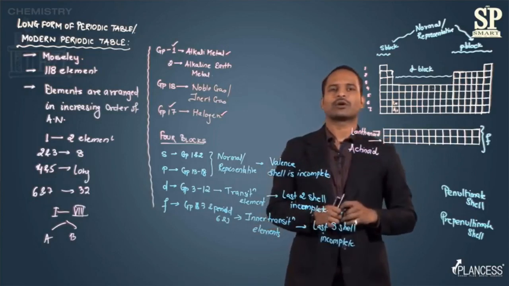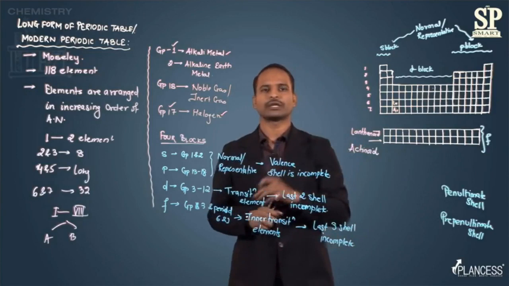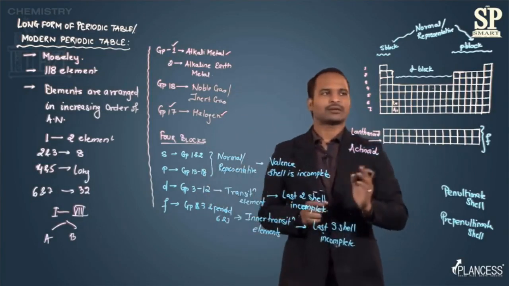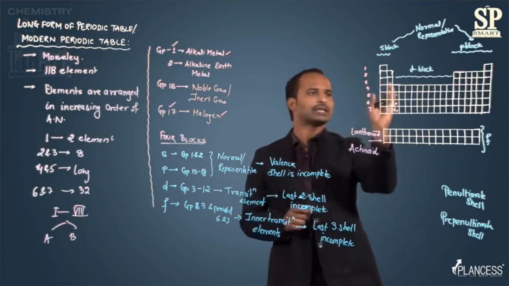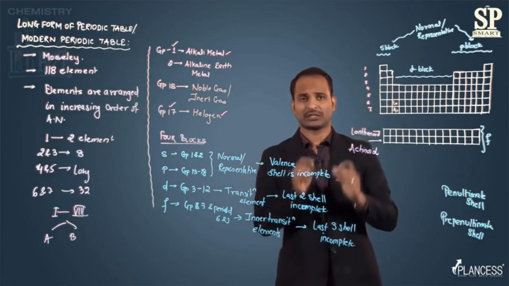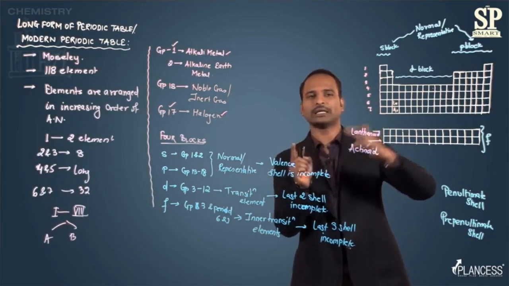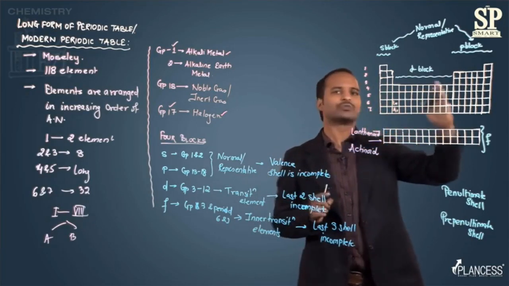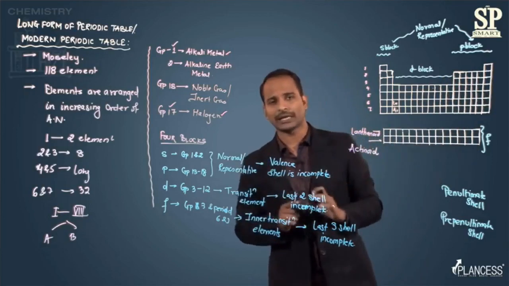D block elements are called transition elements. There is one more reason for calling them transition elements: the meaning of transition is change. As I said, on the extreme left-hand side, the elements present are highly metallic in nature. But as you move toward the extreme right, there is a highly non-metallic nature.